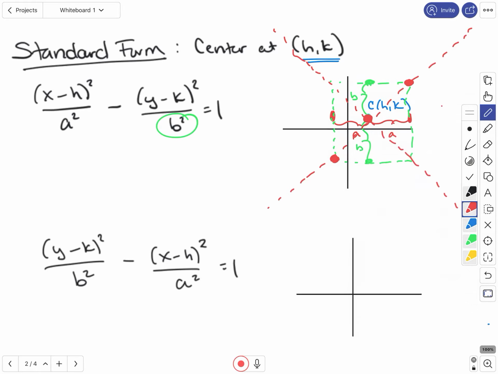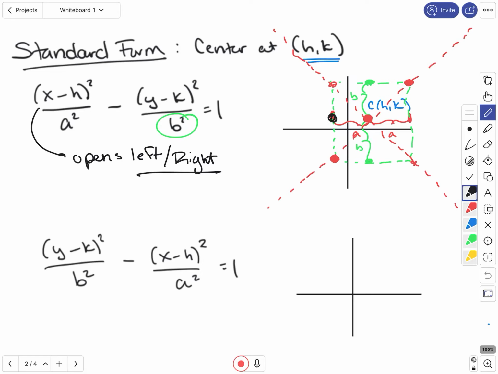Make them go through the center as well. And then here's how I'm going to draw my hyperbola. Since the x squared comes first, that tells me that this opens to the left and the right, just like the x-axis goes left and right.